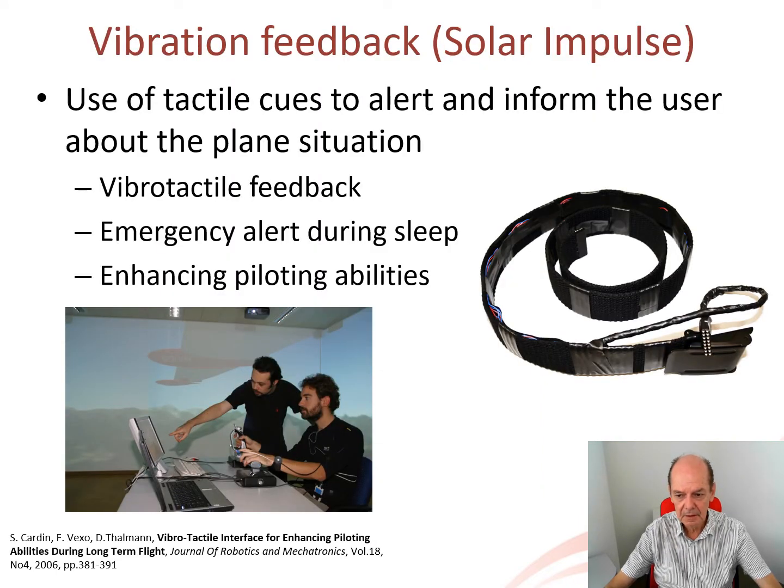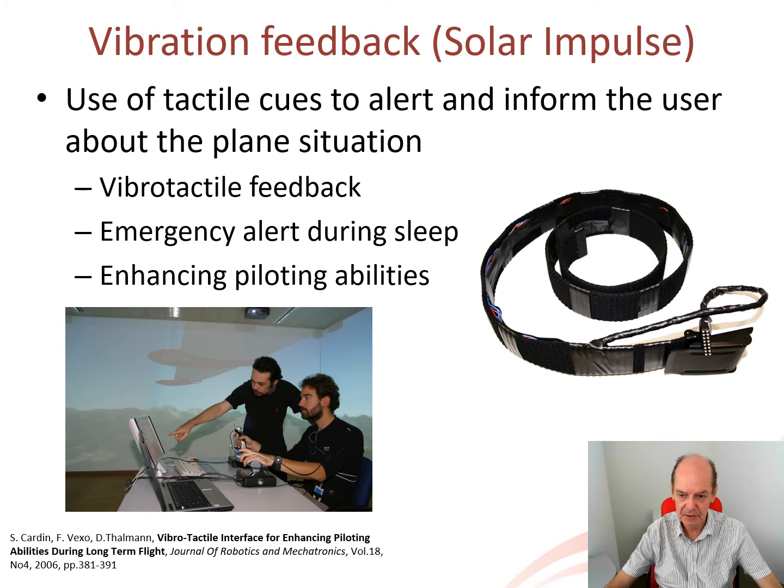Now here is another application where we can use vibration. This means that we have a tactile aspect. The tactile aspect means that we can feel a feedback. For example, here it was used in the Solar Impulse. We contributed to the Solar Impulse, which is a famous airplane based only on sunlight.